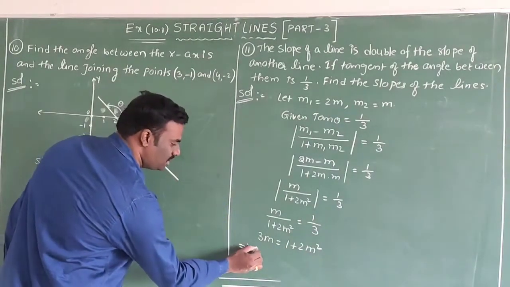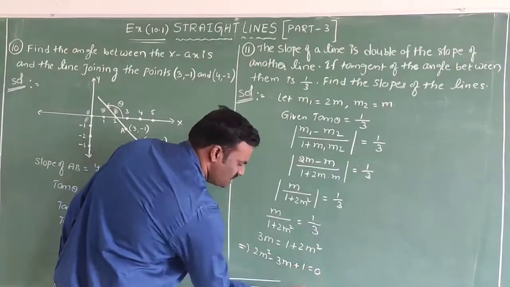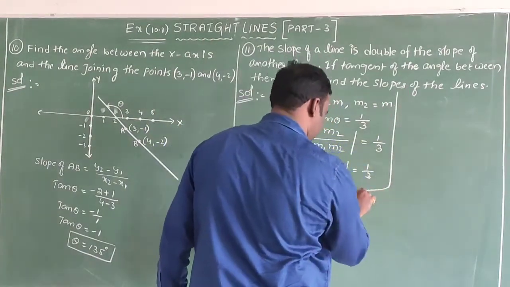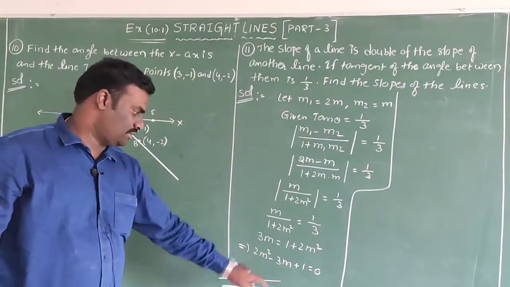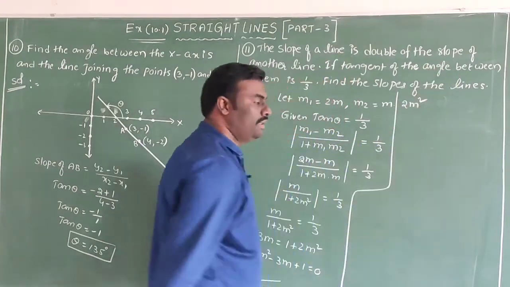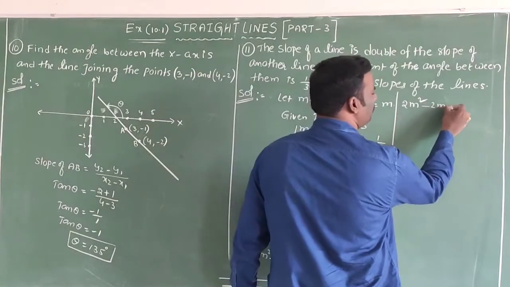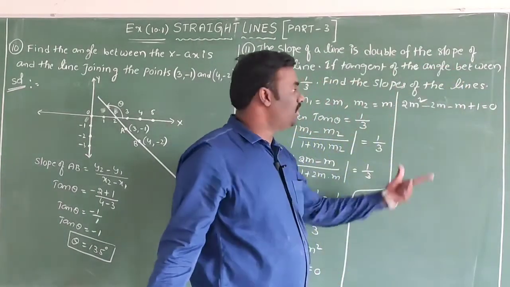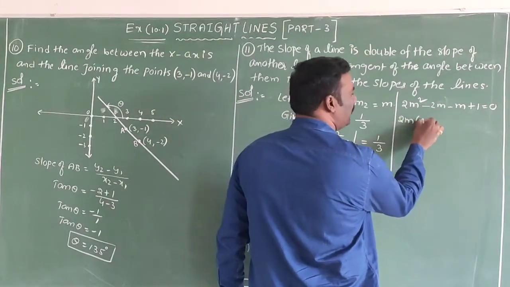If you simplify, 2m square minus 3m plus 1 is equal to 0. It is a quadratic equation. If you factorize this quadratic equation, you will get the answer. Now 2m square, this minus 3m can be written as minus 2m minus m plus 1 is equal to 0. In first two terms, I can take 2m common, m minus 1.